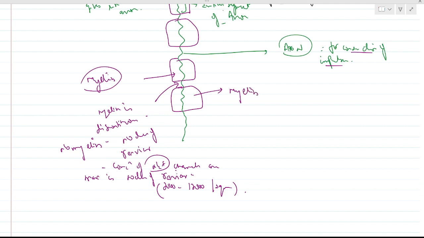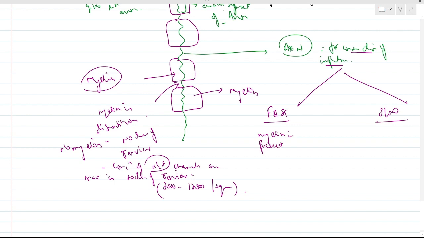Now this conduction of impulse is of two types. It is either fast or slow. Okay, fast if myelin is present and slow if myelin is absent. So one of the concepts to remember here: myelin is present, the conduction is fast. How, we'll see later.